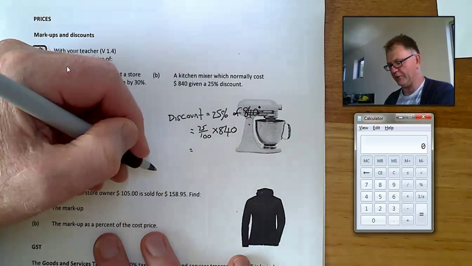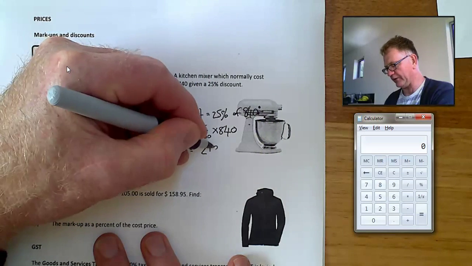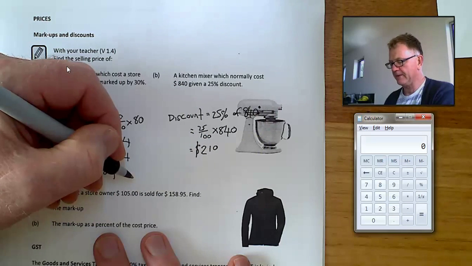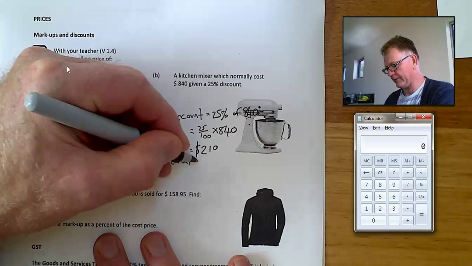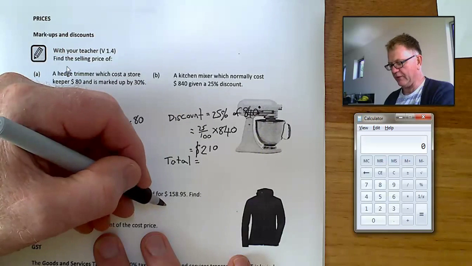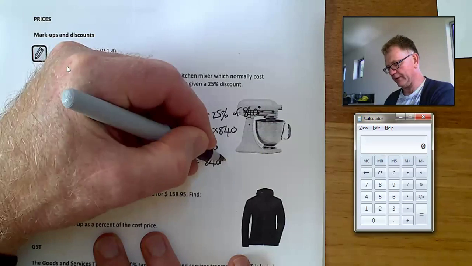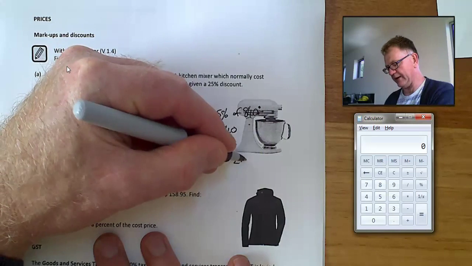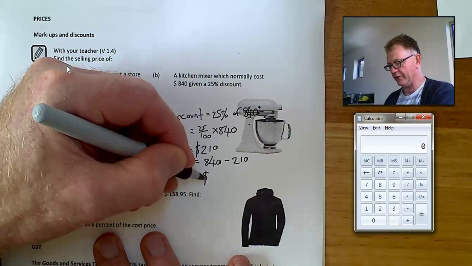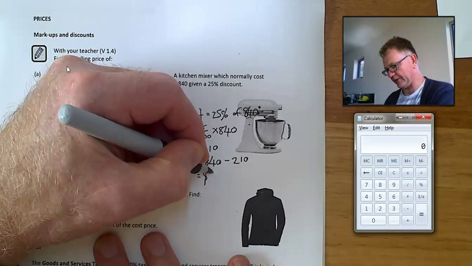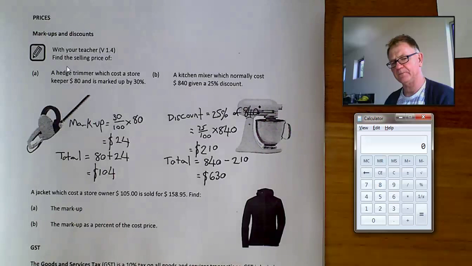I've done this beforehand. You could check on the calculator. The discount amounts to $210. And so that will end up giving us a total: if you get your 840 that it was costing, we're going to discount it or mark it down, cut the price down by $210. Final price works out to be $630. Check my calculations.